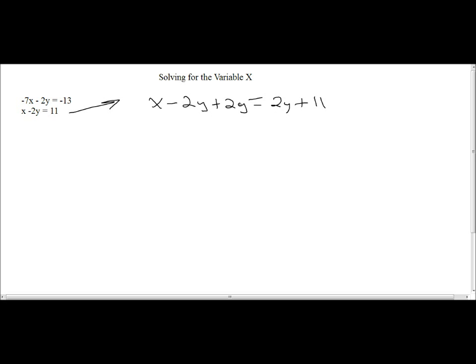Now what happens to my 2y on the left-hand side? It becomes 0. So I can simply say x plus 0 is equal to 2y plus 11, or I can easily say x is equal to 2y plus 11.